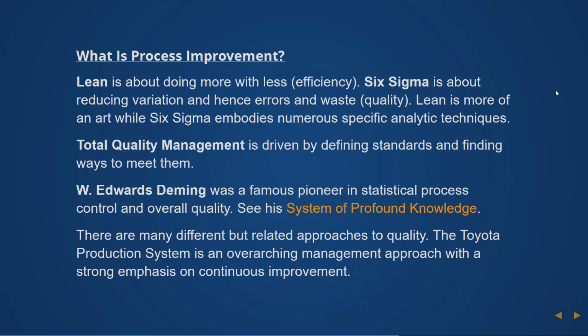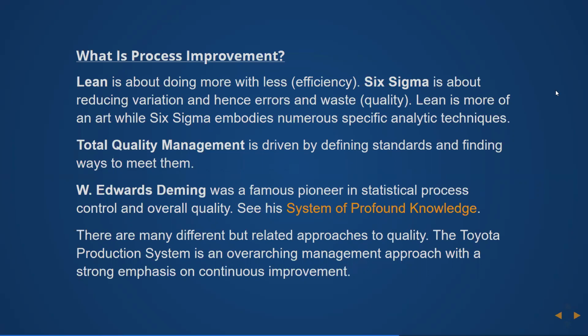So now let's talk about process improvement. That's the next big practice area we're going to address. You've heard about Lean Six Sigma. They are actually two different things. They're two sides of the same coin. Six Sigma, as it turns out, is really technically about reducing variation.